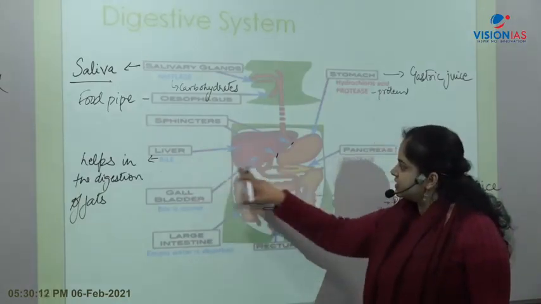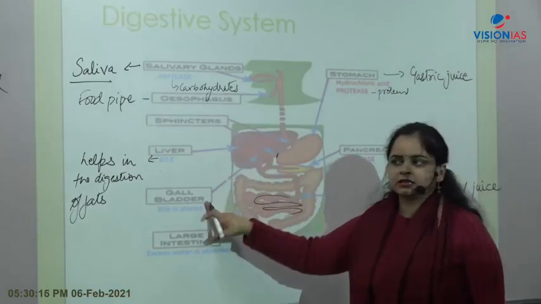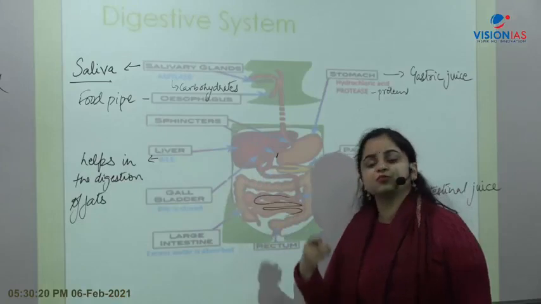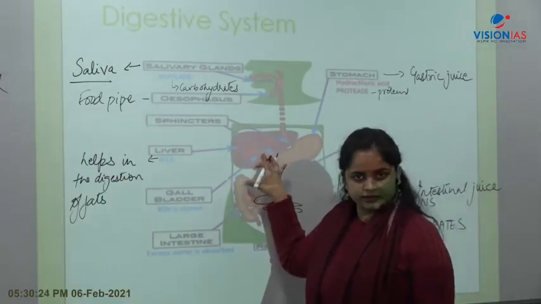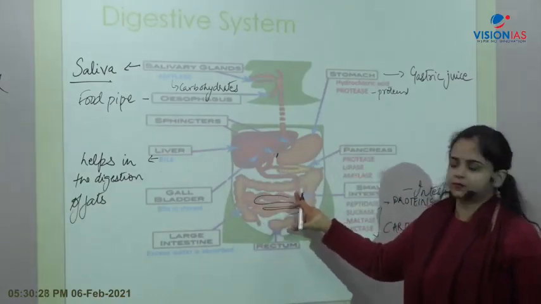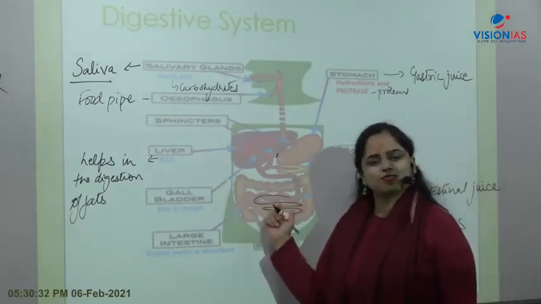So the liver produces bile, then this bile is stored in the gallbladder. The gallbladder doesn't produce anything, its only job is to store the bile. It will store it for a while and then send it to the small intestine. So the small intestine had intestinal juice, now it also has bile.